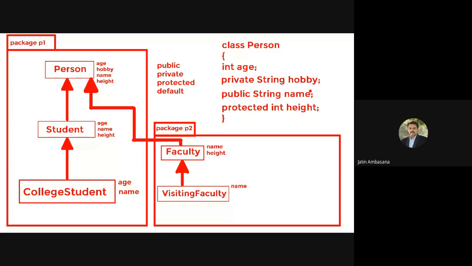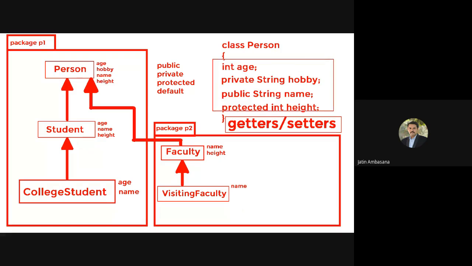What should we do in order to access these in any of the classes? So the best option is to define the getter methods, getters and setters, for these properties.